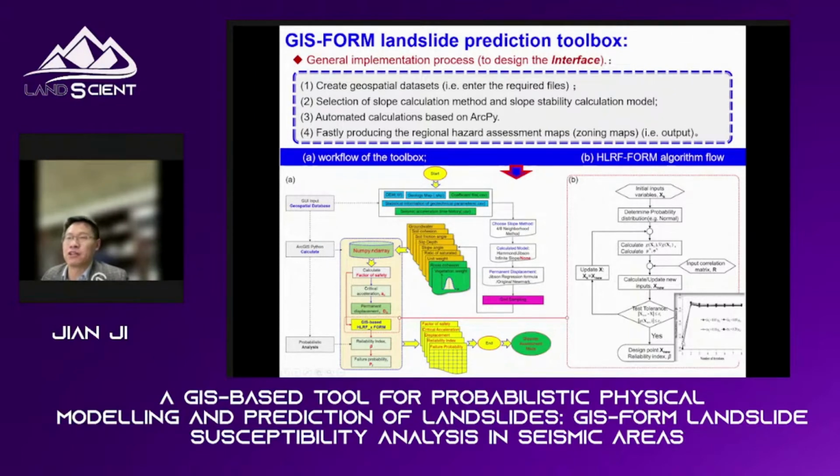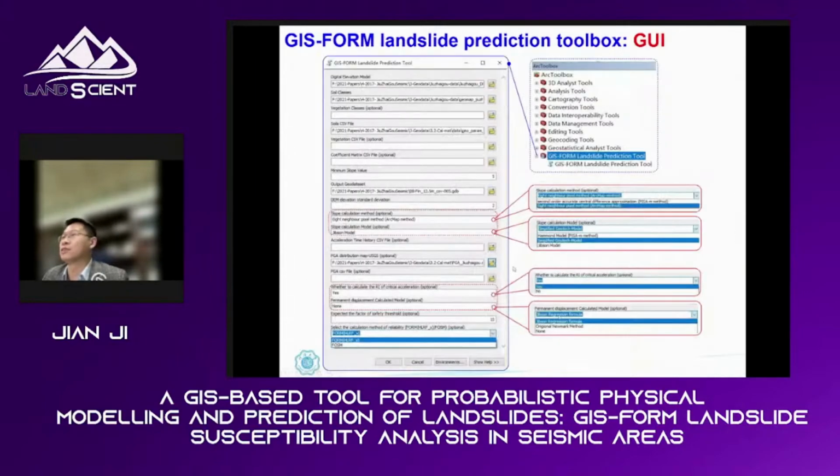It is roughly based on iterative calculation, but the convergence is very fast, only 2 or 3 iterative steps to achieve converged results. This is the toolbox interface, showing how we implement our methods, the inputs of all the necessary data, and the choice of computational methods.